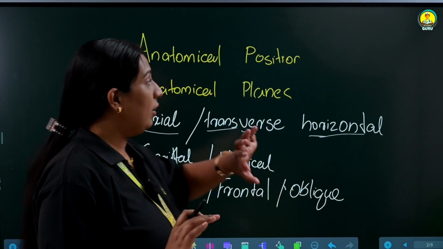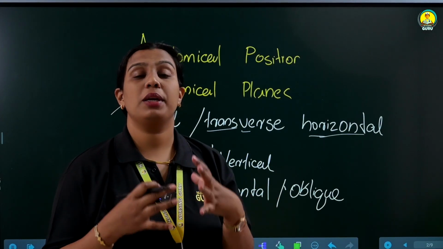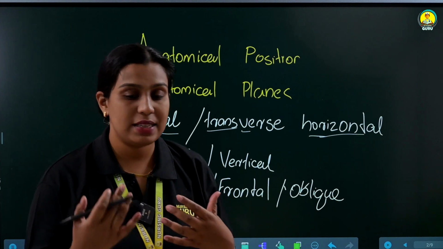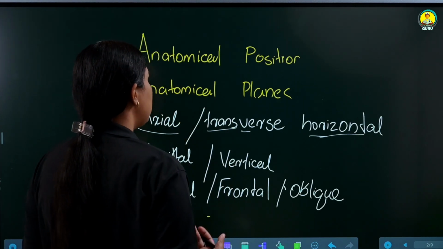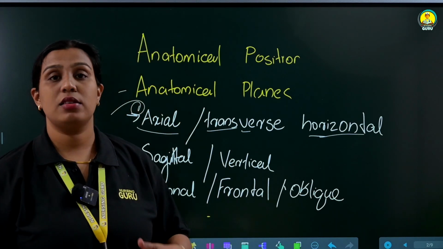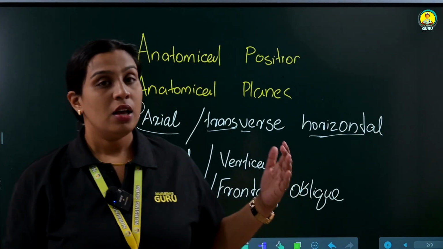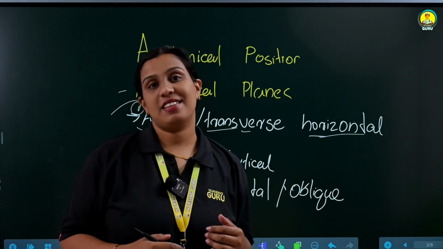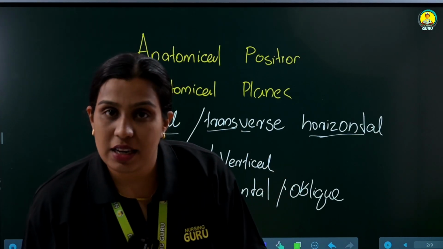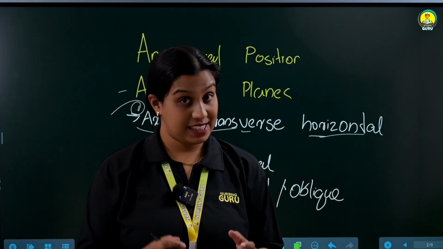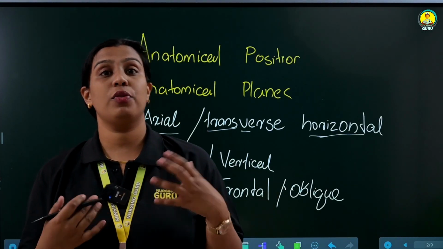In unit 1, it is talking about the anatomical terminologies related to anatomical position, anatomical planes and etc. A lot of things are there. So why are these terminologies important? These terminologies are important not only for your examination, they are very important in our future also.